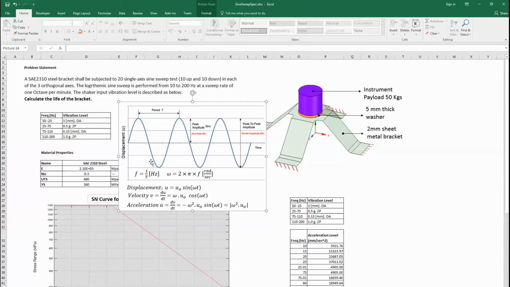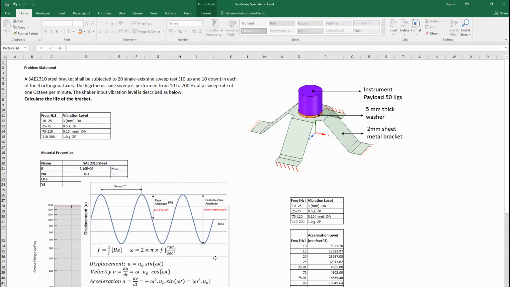Omega is the circular frequency in radians per second, which is 2 pi f. For acceleration, if we take the derivative of velocity with respect to time, we get minus omega squared u0 sin(omega t). The amplitude of this term is omega squared u0.